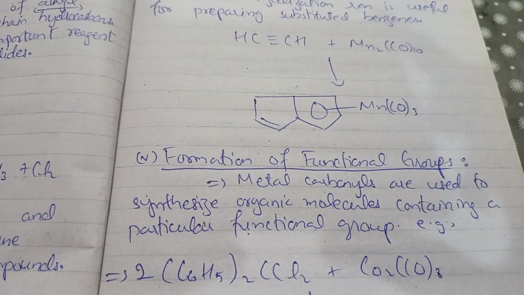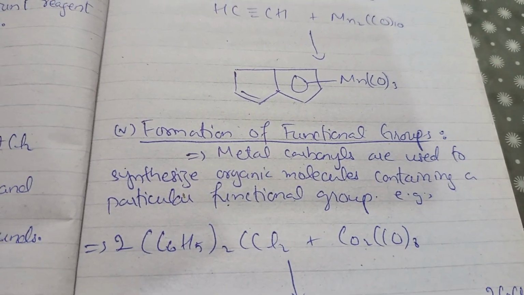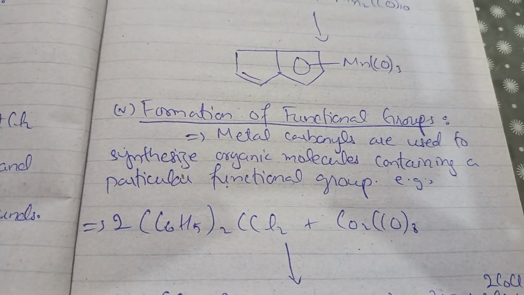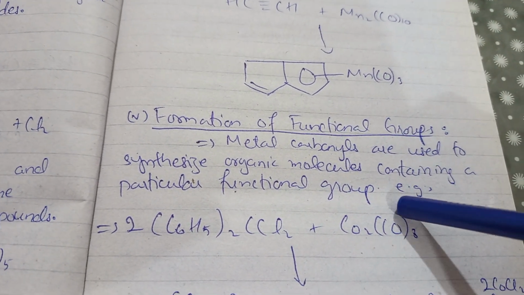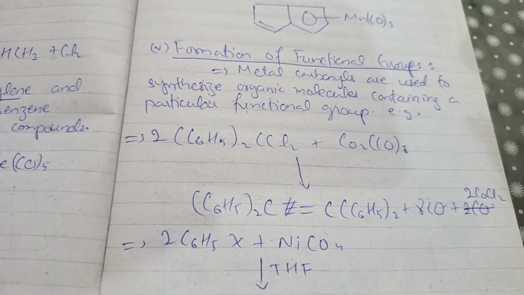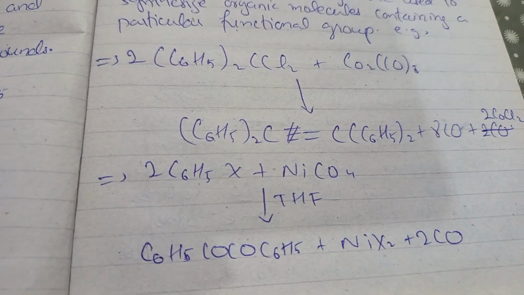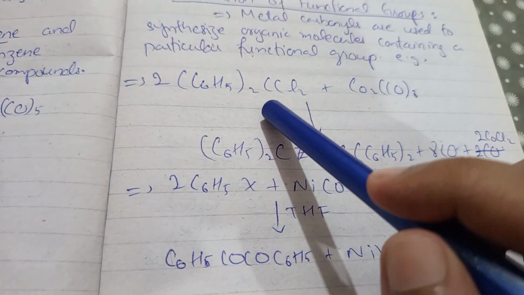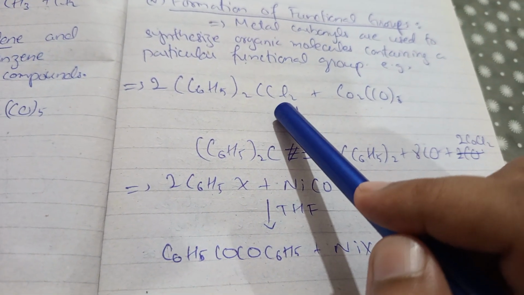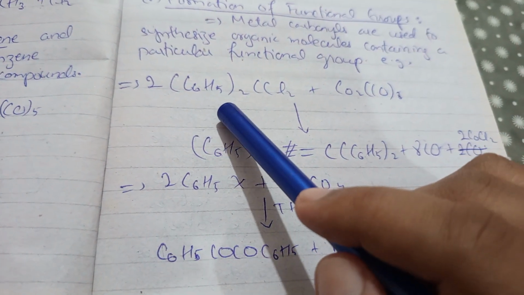Next, we have formation of functional groups. Metal carbonyls are used to synthesize organic molecules containing a particular functional group. For example, here you can see this carbon. On this carbon, there are two chlorine atoms and two benzene rings.